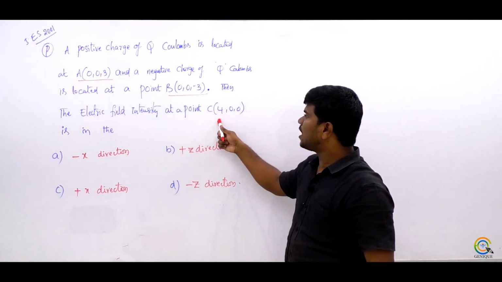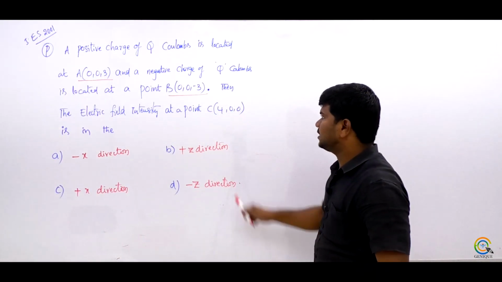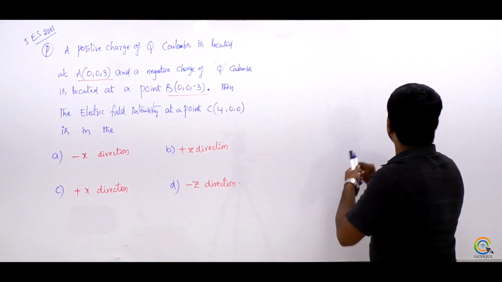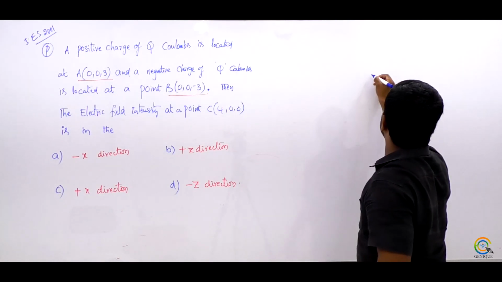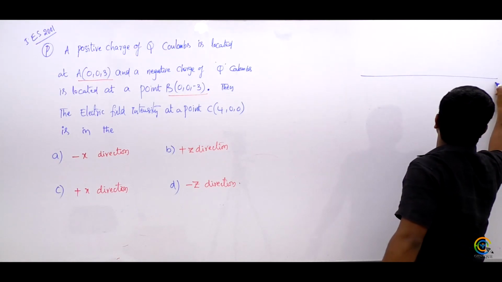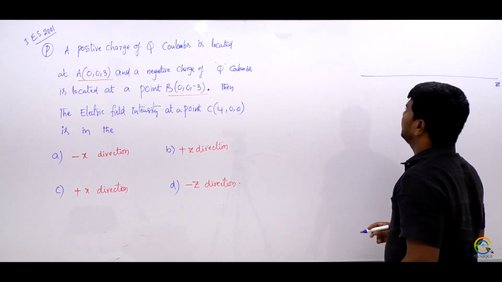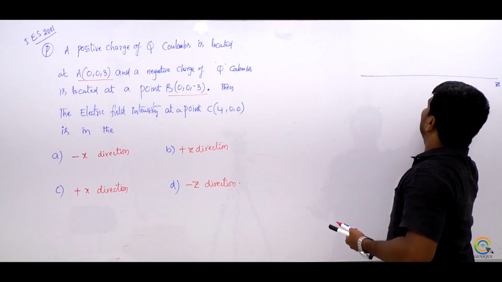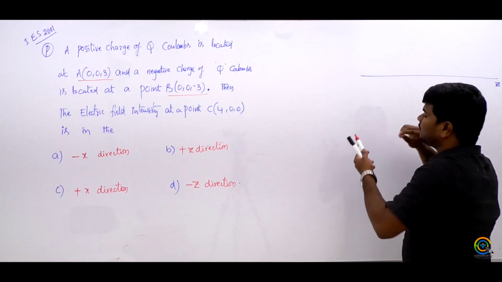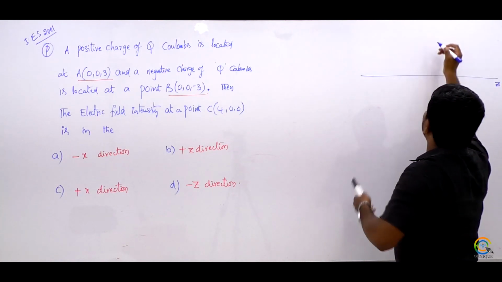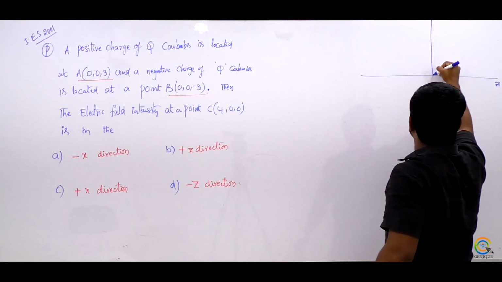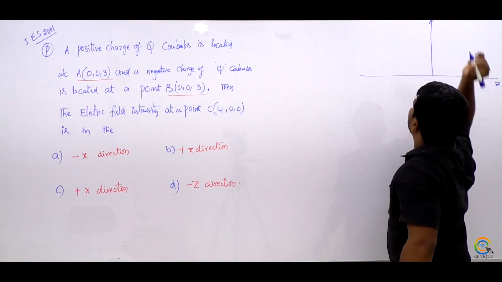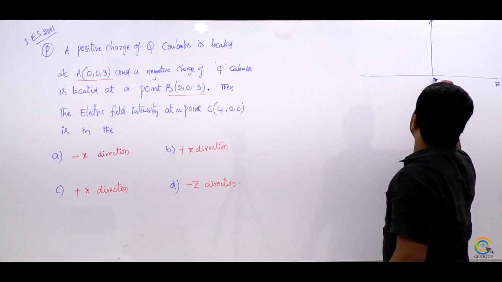Okay, but where do we have to find the electric field intensity? At this place. So the charges are present like this. Let us suppose this is the z axis. If it is the z axis, then this one will be the x axis. Okay, so now this is 0.